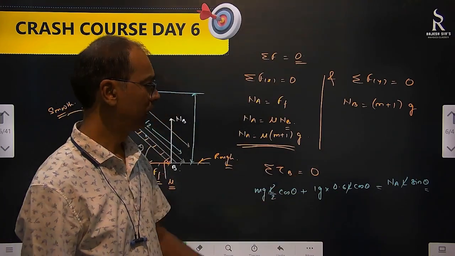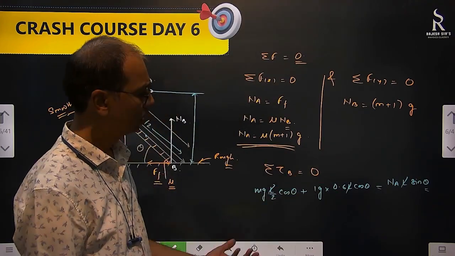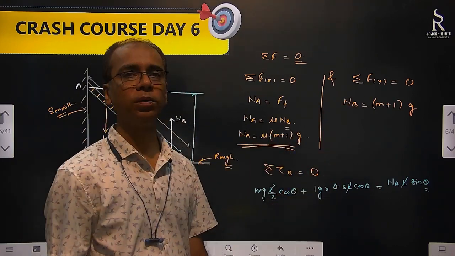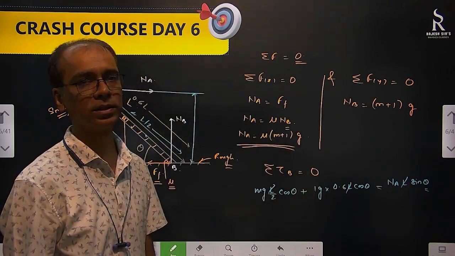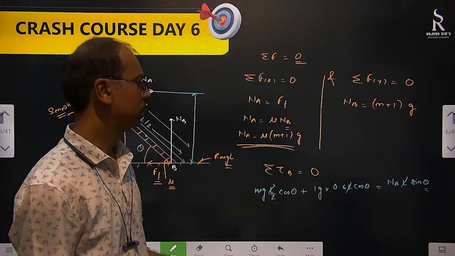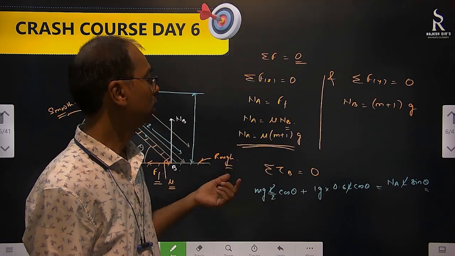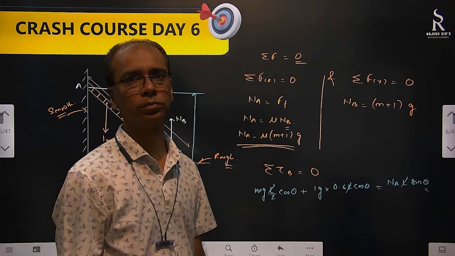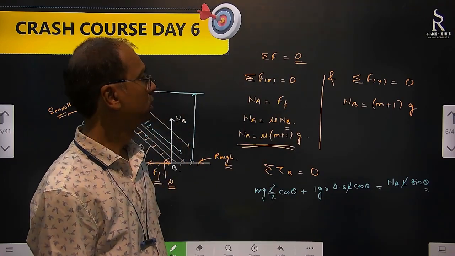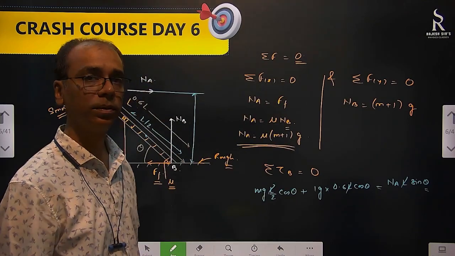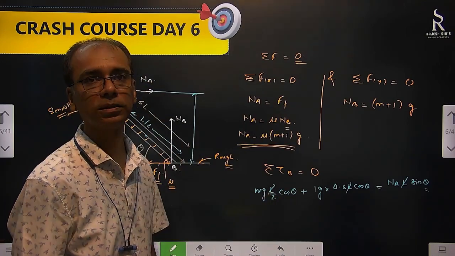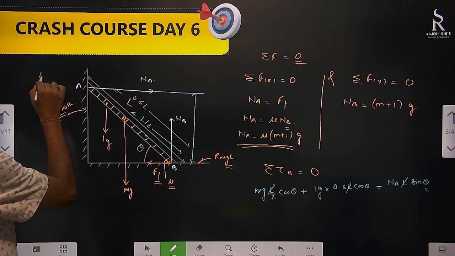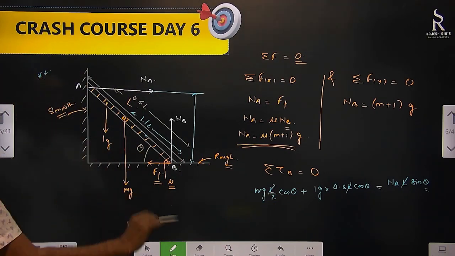Now you put this value. These are the equations, so there are three, 1, 2, 3. With the help of these, whatever unknowns they are asking, we can find. Either they'll ask you mu, or NA or NB, or theta. It is rarely asked, but it's a concept, so I told you. This is on torque.